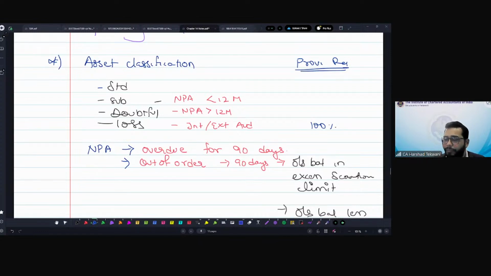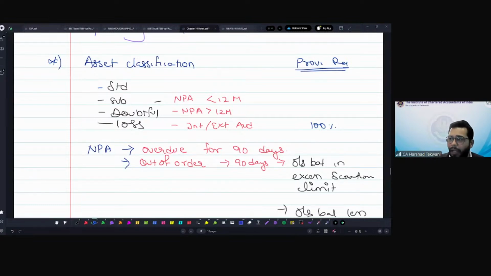Doubtful asset, what was the requirement for doubtful? 3 categories, 20, 30 and 50, I guess. So it was 20, 30 and 50, and for unsecured 100. Yes, correct. Over here, the numbers are different. So over here, it is the same: 1 year, 1 to 3 years, and more than 3 years.